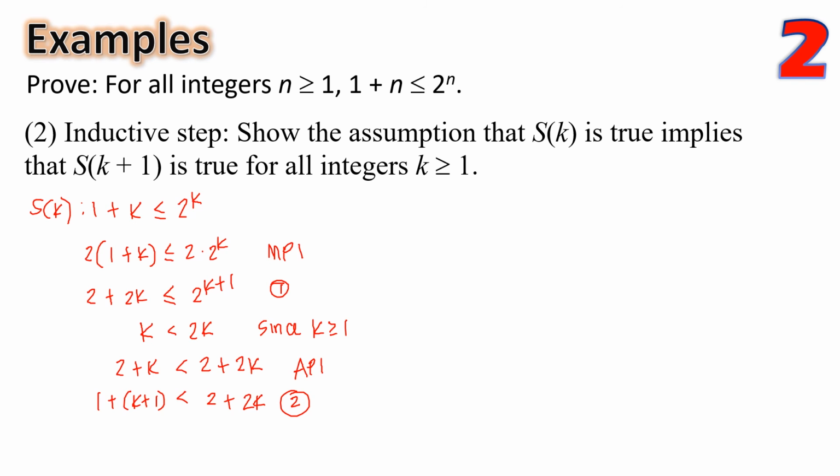In statement number 1, we have 2 plus 2k is less than or equal to 2 raised to k plus 1. Also, in our statement number 2, we have 1 plus k plus 1 is less than 2 plus 2k. Then by transitive property of inequality, the left-hand side of statement number 1 is 2 plus 2k, while the right-hand side of statement number 2 is 2 plus 2k.